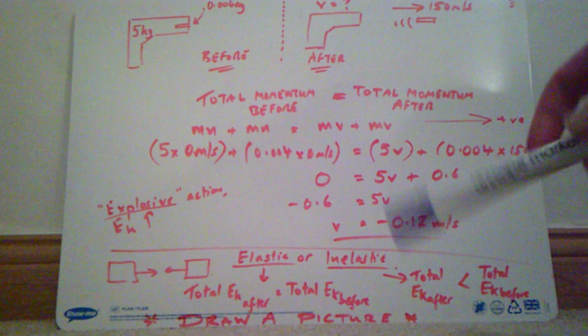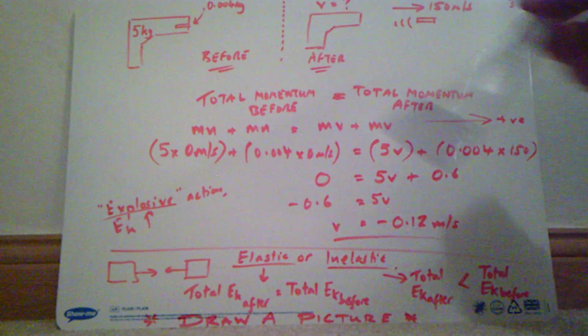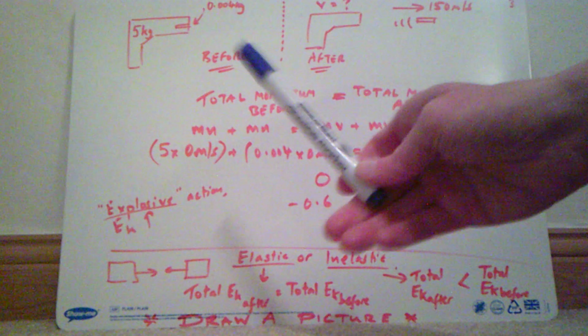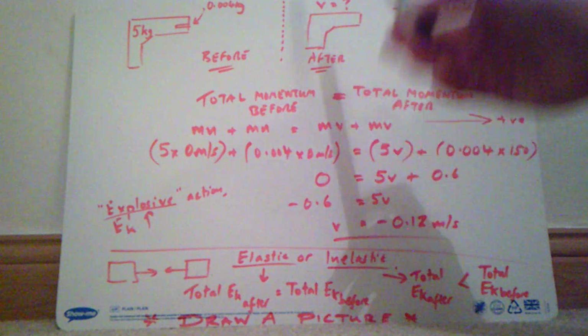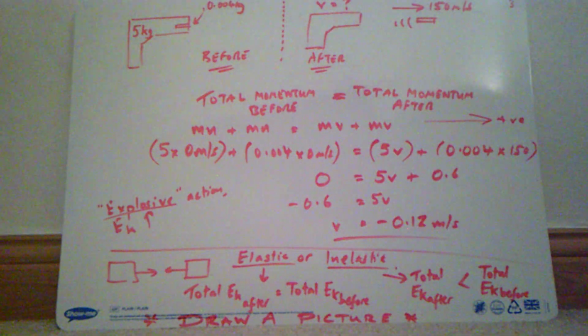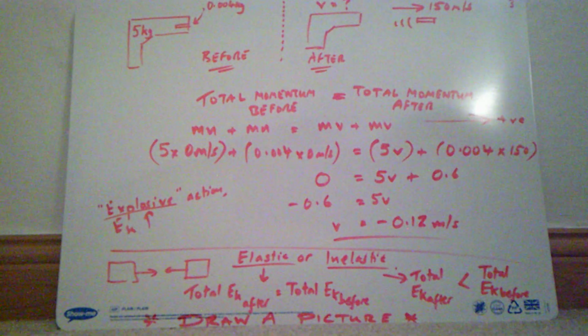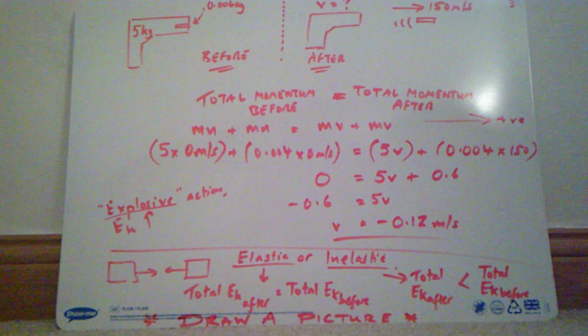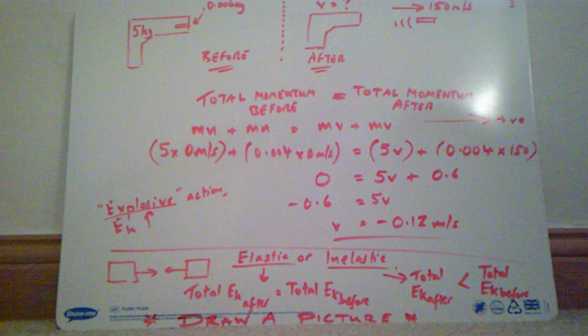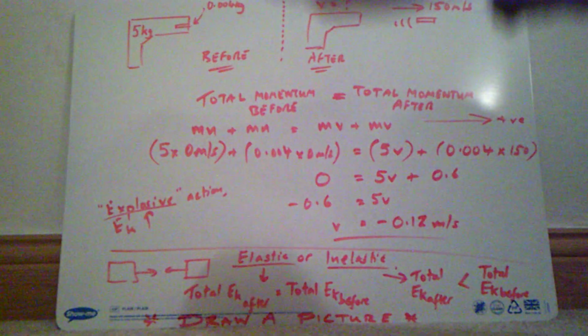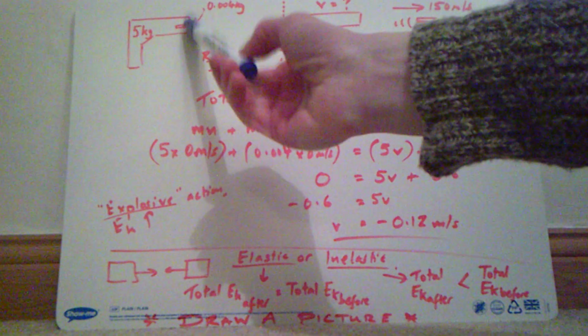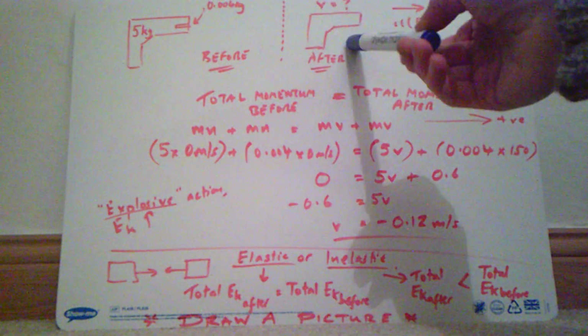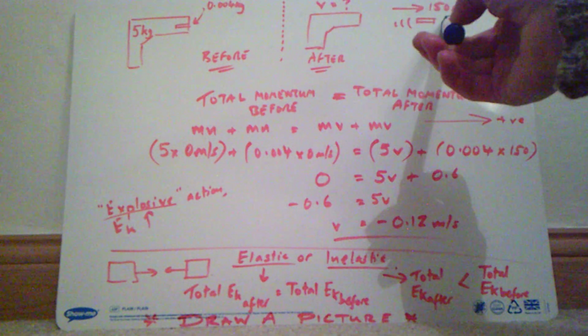So the top tip with momentum questions is to draw out the situation before and draw out the situation after. And you know that with momentum, it's mass times velocity. So make it clear on your diagrams what the mass of the objects are and what the velocity of the objects are. So here we have a gun with a bullet in it. And the gun gets fired and the bullet shoots out.